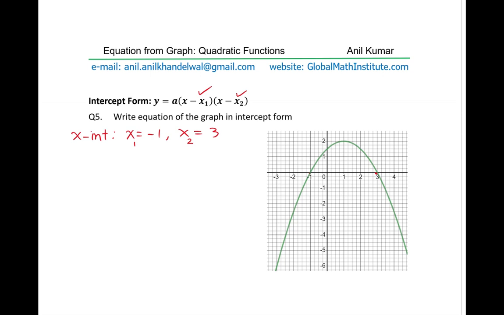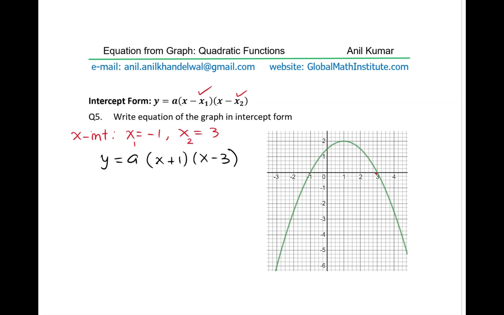So we get the equation, which is y equals a times x plus 1 times x minus 3. So if I substitute -1, we get a 0. If I substitute +3, we get a 0. So that is how you could check. Now to get the value of a, we need to identify one more point on this particular graph.